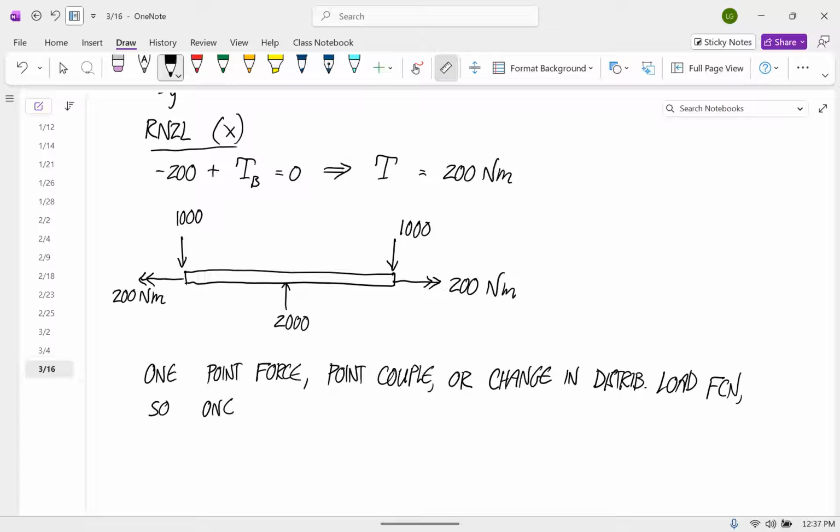So one extra cut. Okay, so we have 2 cuts total. The first cut has to have its right end before you get to the 2,000. And the second cut has to have its right end between the 2,000 and the endpoint.